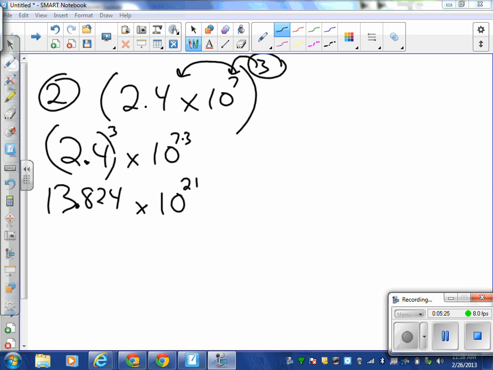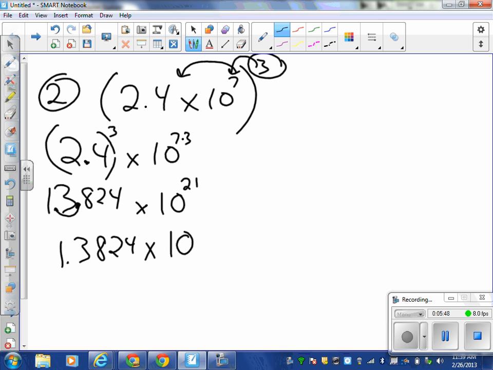Okay, so if you notice, in scientific notation the decimal point has to be between the first and the second number, right? So I need to move it one time to the left. When I do that, I need to add 1 to this number.